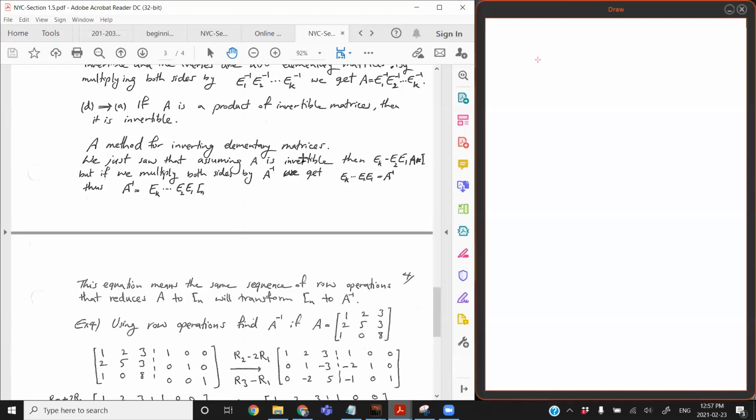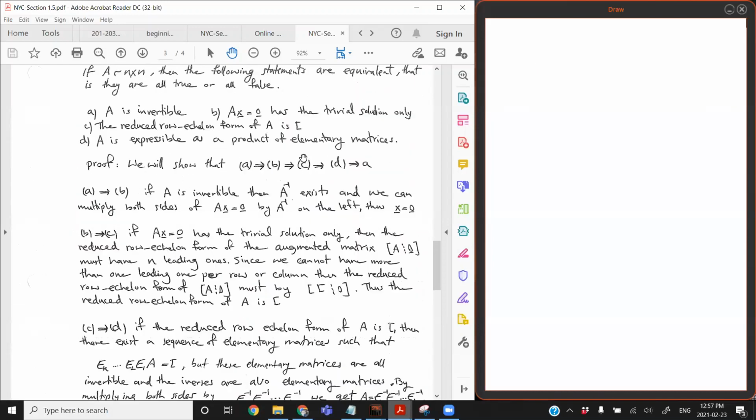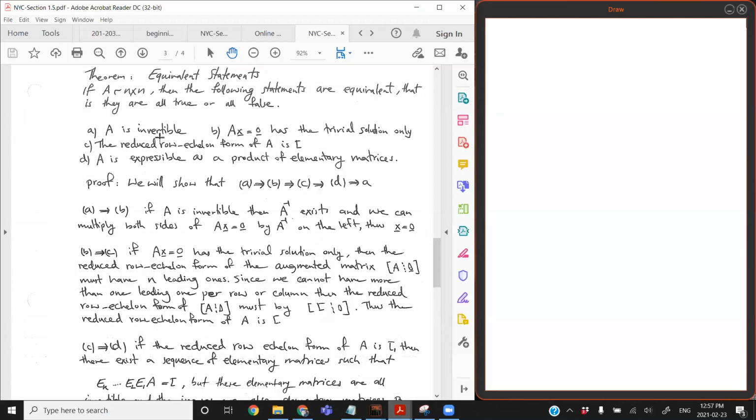Actually, when we said that, if you look at part A and part C, part A is A invertible, part C is the reduced row echelon form of A is I. That is, you can begin with A, you can perform a certain row operation, you get a matrix, then you can perform another row operation, you get another matrix, and then you can keep performing row operations, and eventually you get I. Yes, that actually gives us A inverse, because that means that A inverse is actually EK, E2, E1.